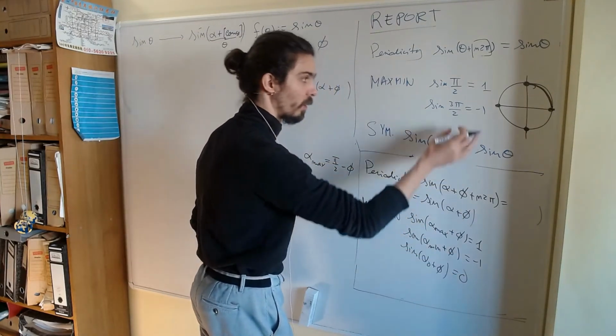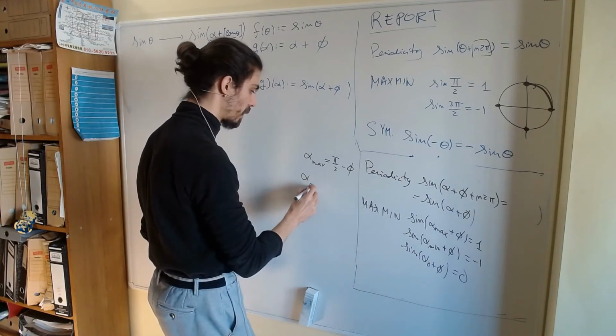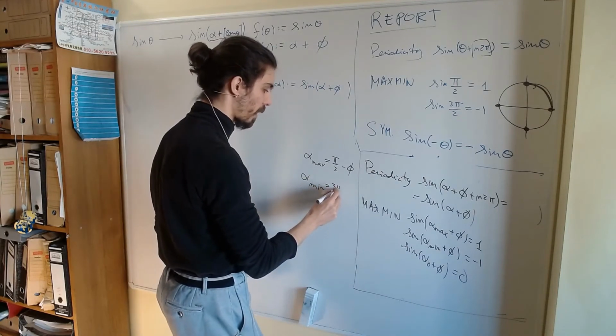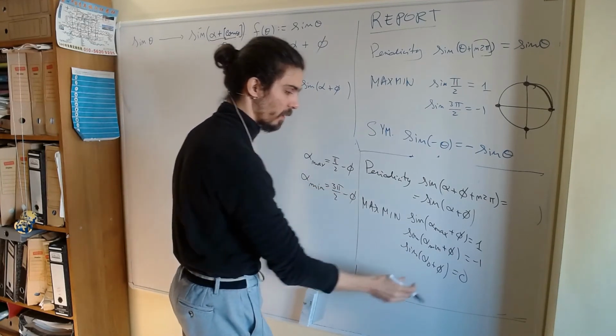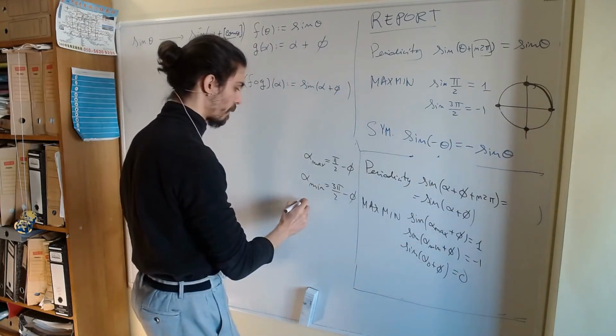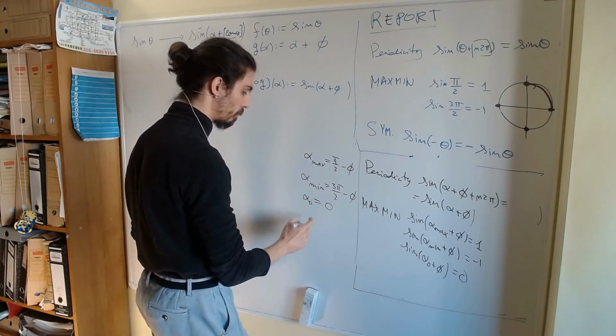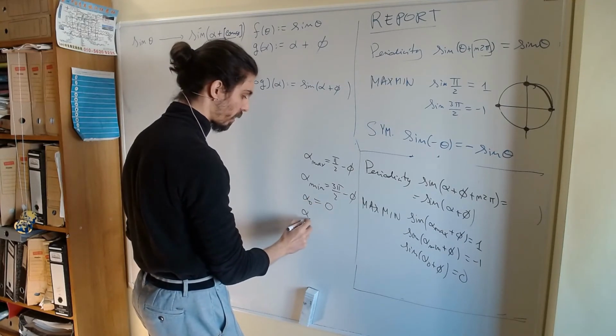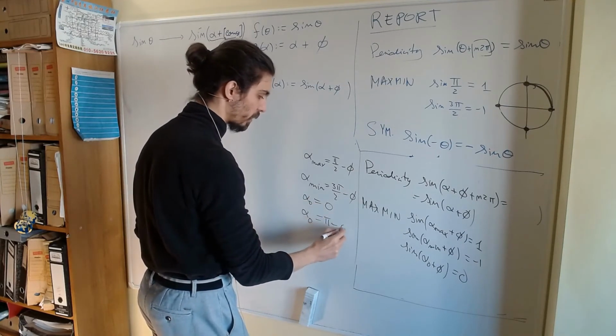Compare this with this, and we realize that alpha min must be 3 pi divided by 2 minus phi. And finally, this must be either 0 or pi, and so alpha 0 is either 0 or alpha 0 is pi minus phi. Okay?